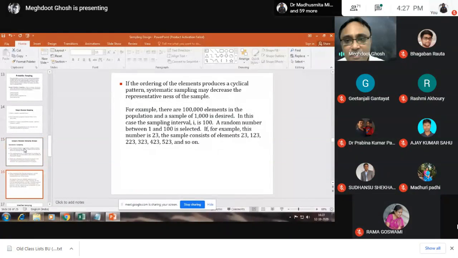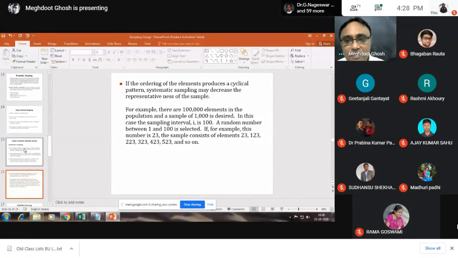Here is an example. For example, there are 1 lakh elements in the population and we have to take a sample of 1,000. So what they have done is divide this by 1,000, and 100 is the interval from which I am going to select the unit. Now a random number between 1 and 100 is selected.